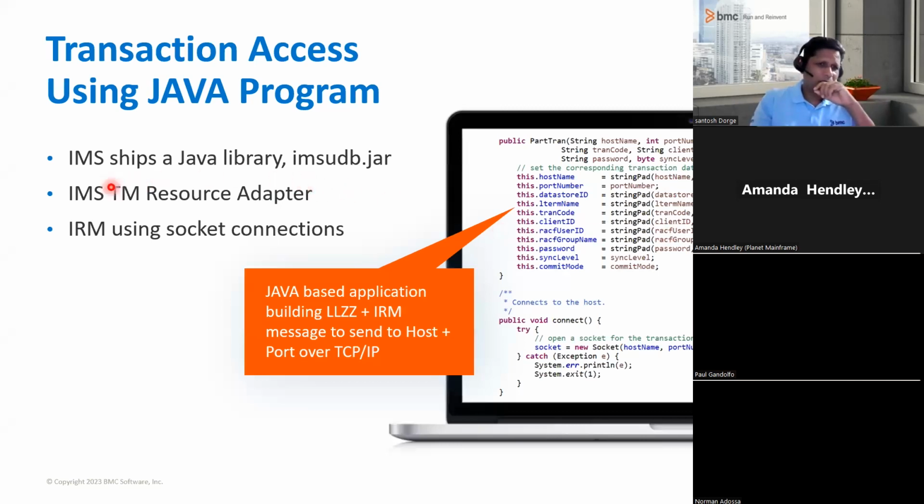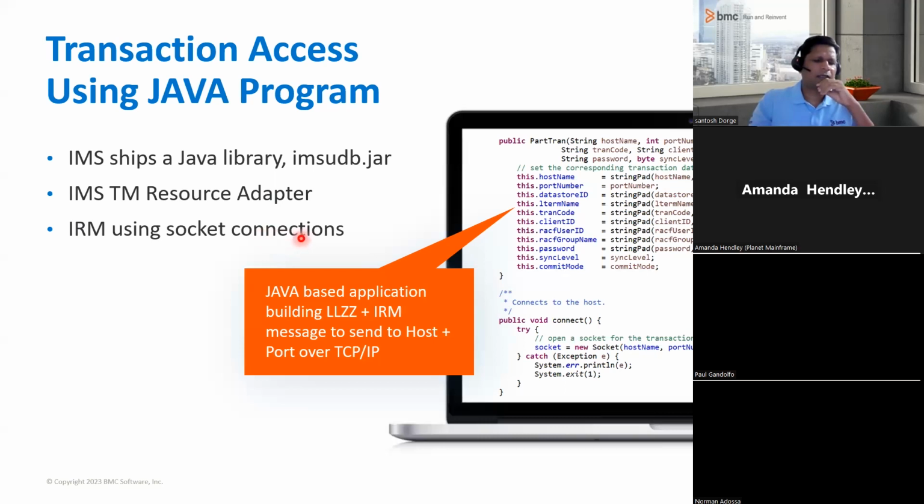IMS ships a Java library, IMS udb.jar, and one can use this library to create the application, or one can use the resource adapter or the socket level connections, and have their own format of the IRM to be analyzed by the exits.